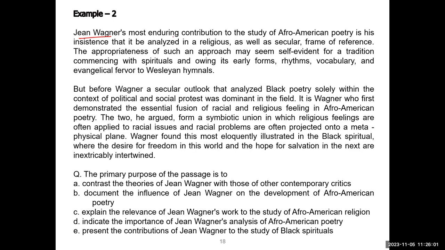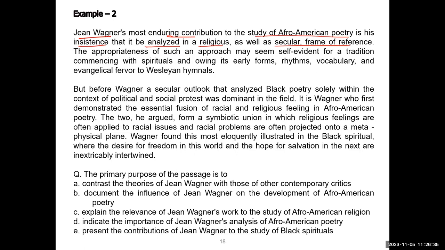Jean Wagner has made a contribution to the study of Afro-American poetry. And what does Jean Wagner say? He insists that whenever you analyze it, whenever you study Afro-American poetry, look at it from a religious as well as a secular frame of reference. That means whenever you analyze or study Afro-American poetry, look at it from both the angles. Look at it from a religious angle as well as a non-religious angle. Secular means non-religious.